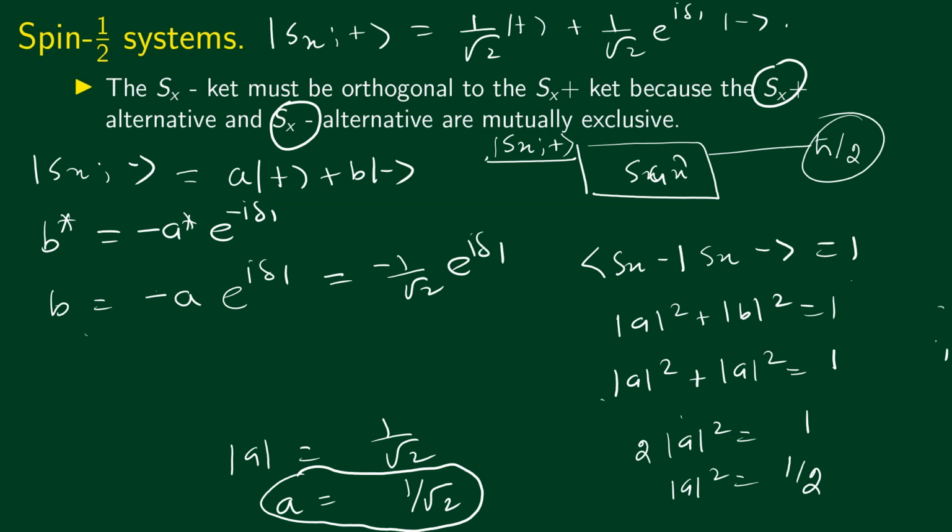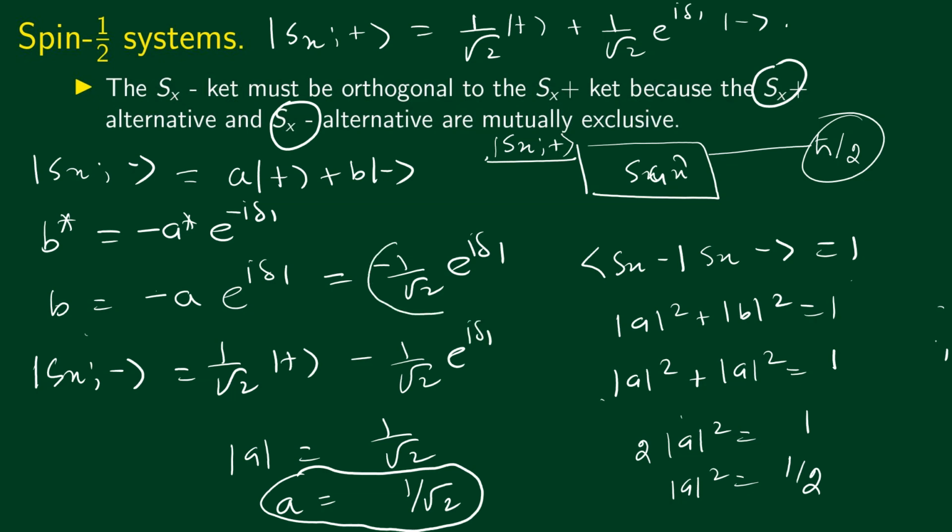I can write ket Sx minus as 1 by root 2 ket plus minus 1 by root 2 e raised to i delta 1 ket minus, because B is equal to minus 1 by root 2 e raised to i delta 1.